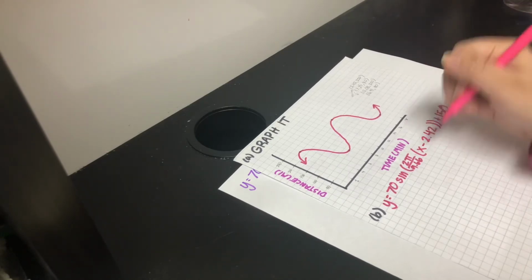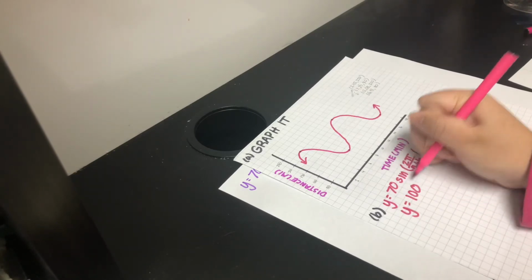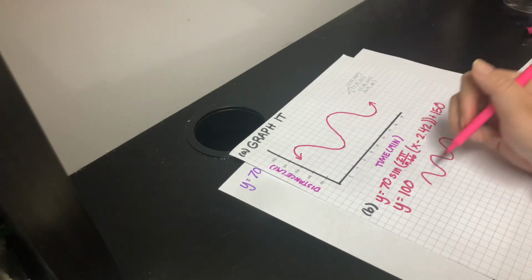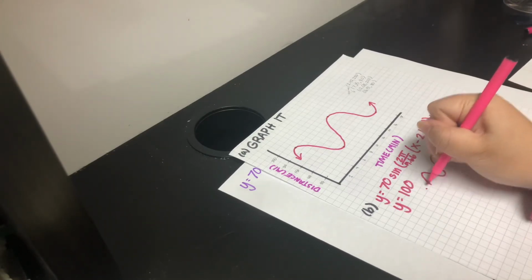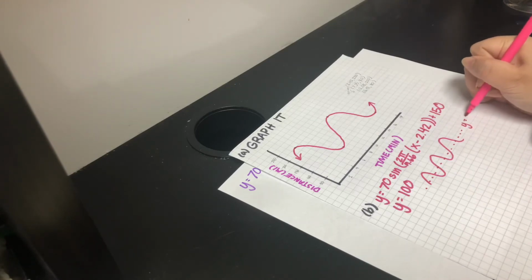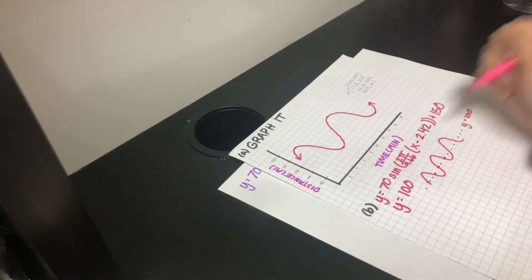And then we would also have to graph y equals 100. And then we would have to find the intersecting points. So it will eventually look like this. And then we have to find the intersecting points in which y equals 100.